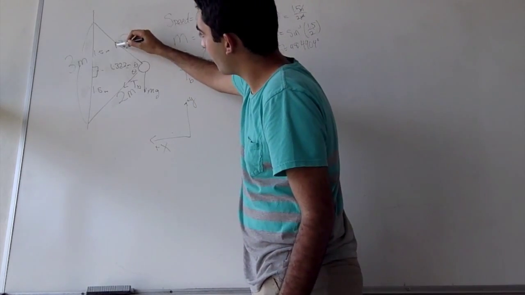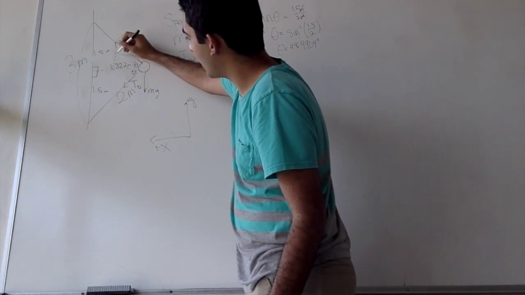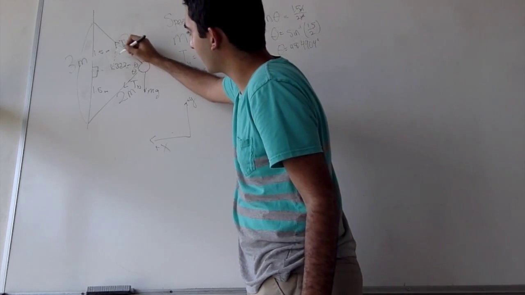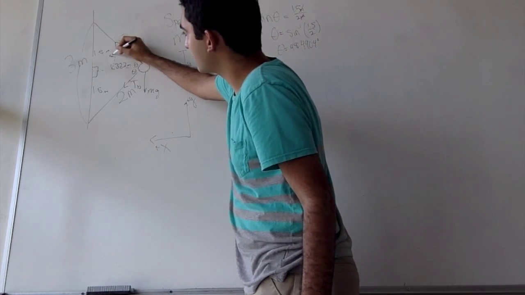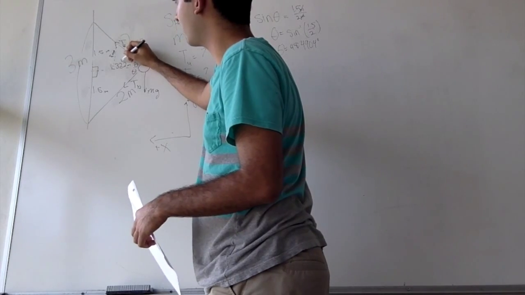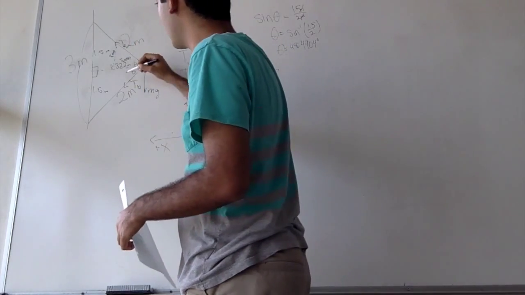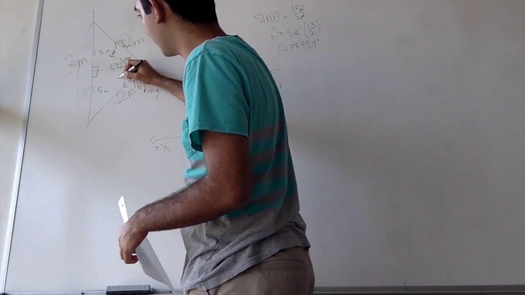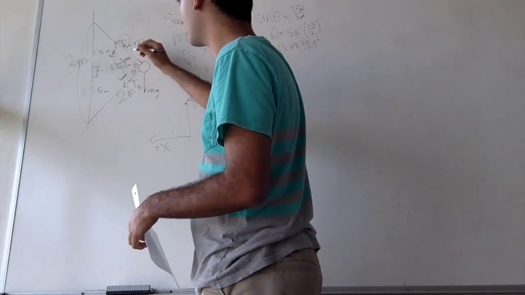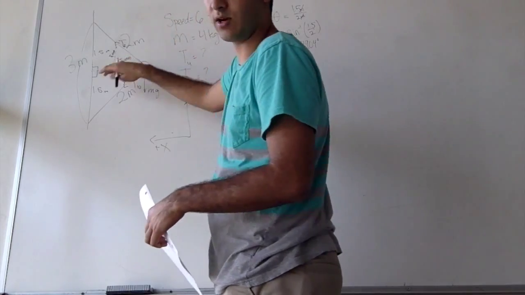We have the different components of T upper: T upper sine theta in the y direction, and T upper cosine theta in the x direction. Then for T below, we have T below sine theta in the negative y direction, and T below cosine theta in the x direction.